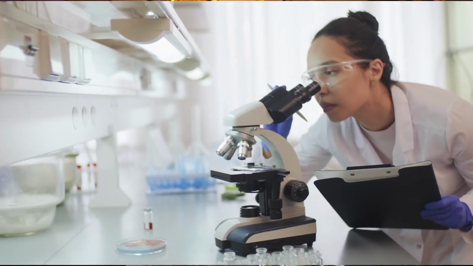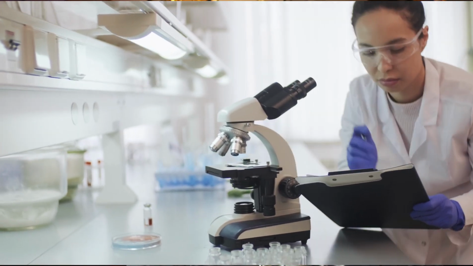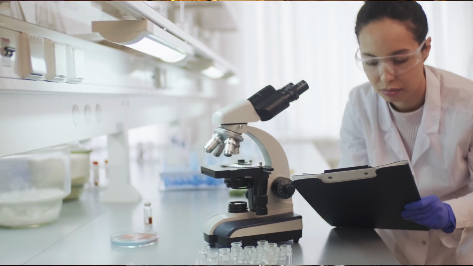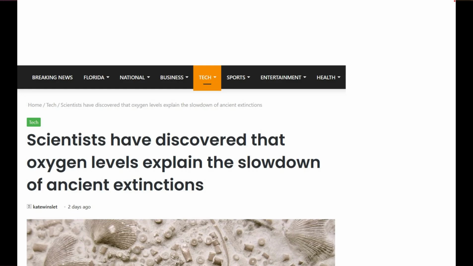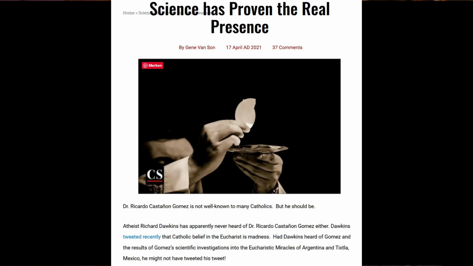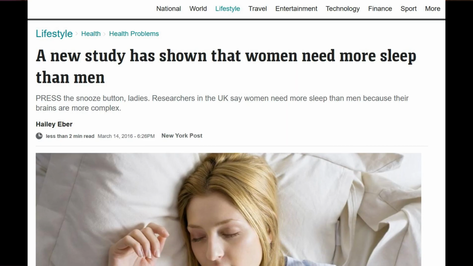Every day, the mainstream media presents us the latest scientific facts. The wording is usually something like scientists have discovered, science has proven that, or a new study has shown that. Most of the time, those articles are heavily biased if the claims that are made are not outright false.